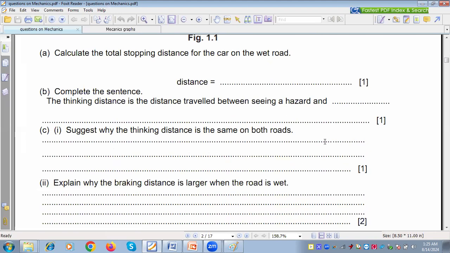What will come here in this blank? Applying the brake.